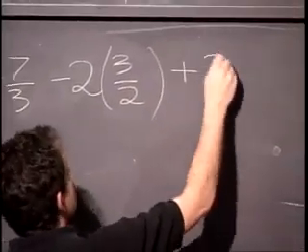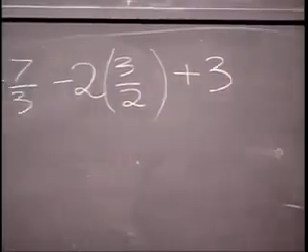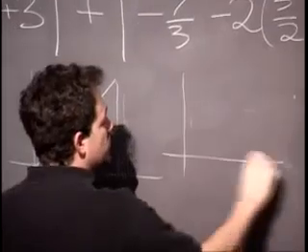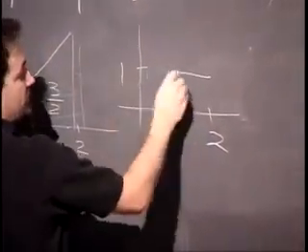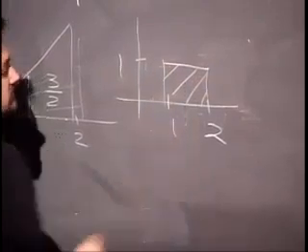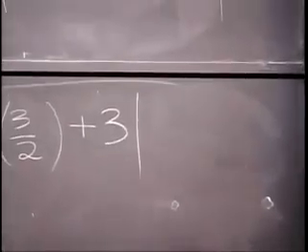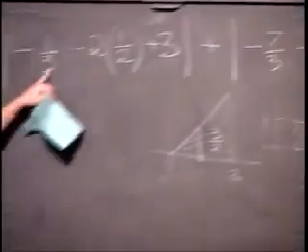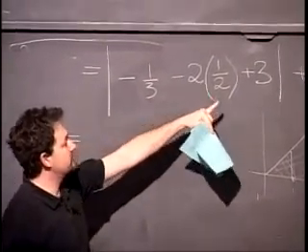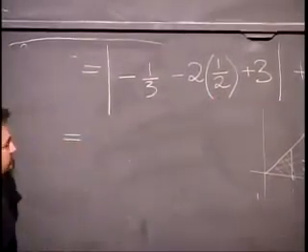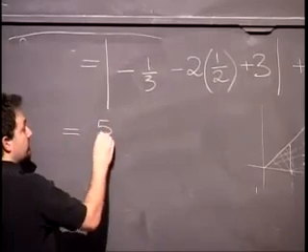And 3 is still going to be 3 times the integral from 1 to 2, but it's just a 1-unit square thing here. So actually that's what you get. And if you work this out, the first quantity here is minus 1/3 minus 1 plus 3. So it's 2 minus 1/3, which is 5/3.